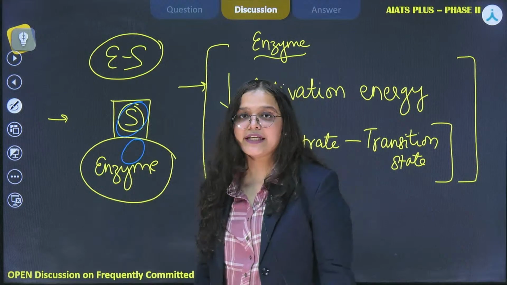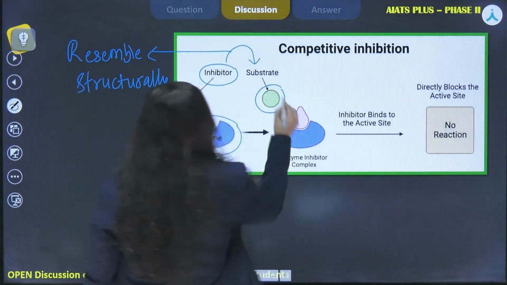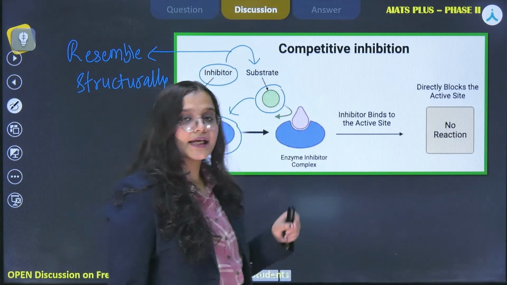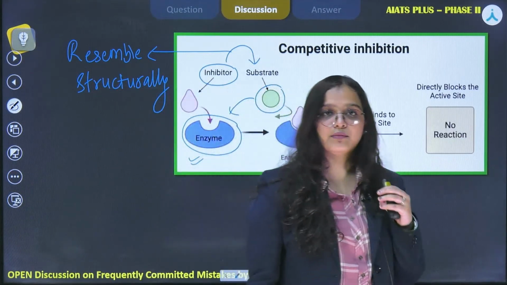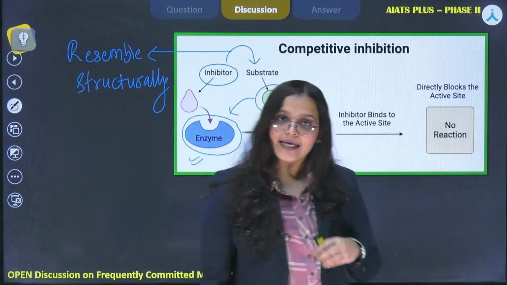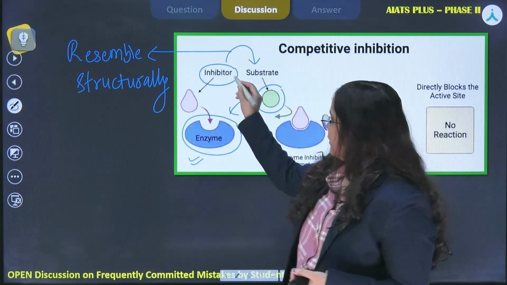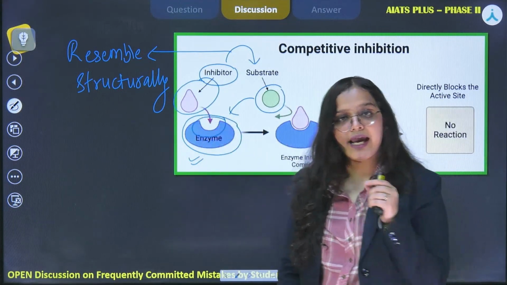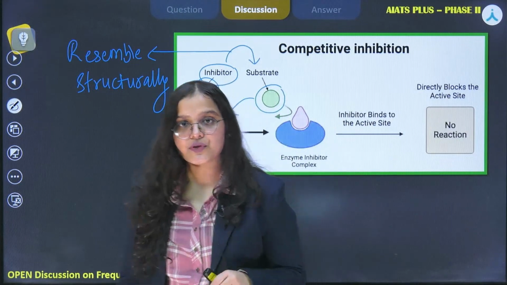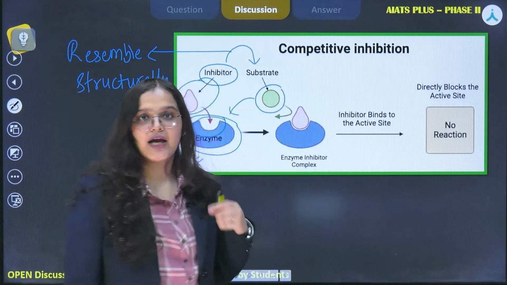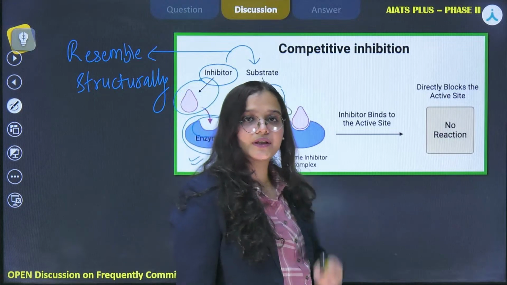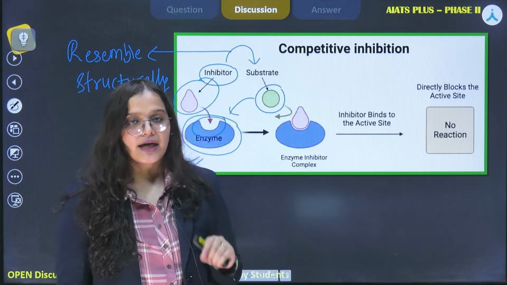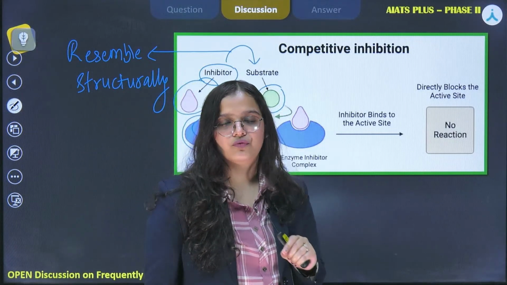Here the normal tendency of the substrate is to bind the enzyme, but since there is a structural similarity between the substrate and the inhibitor, the inhibitor will bind to the active site of the enzyme, and it will prevent the substrate from binding to the active site. And if the substrate is not binding to the active site, then obviously there will be no reaction, or the rate of reaction will decrease.